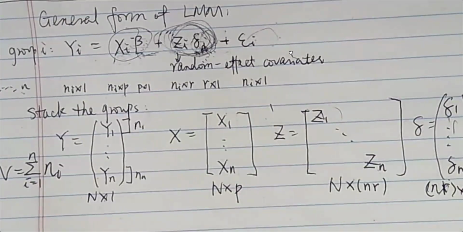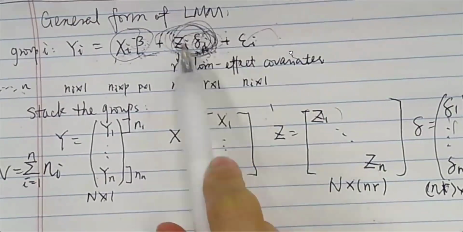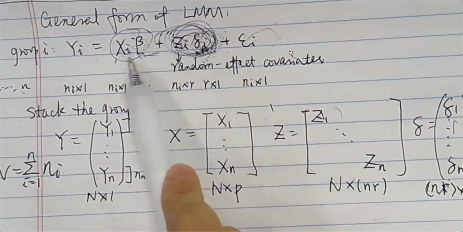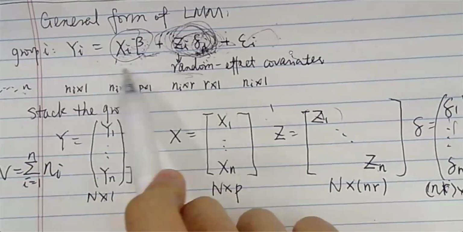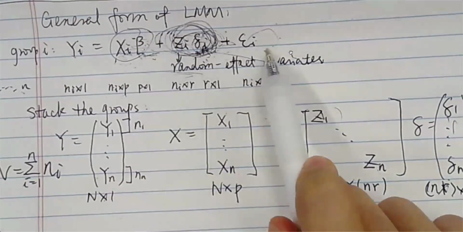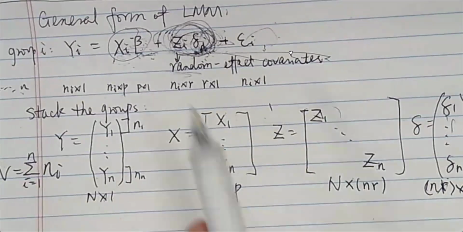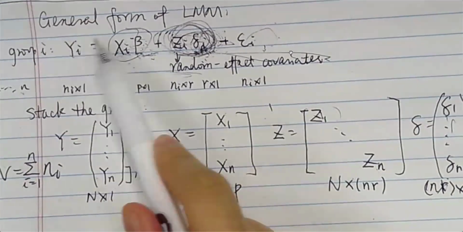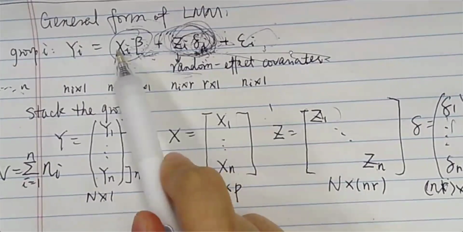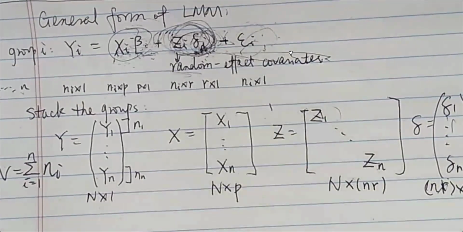Okay, and why does it matter? If you don't have these random effects, if you just force yourself to fit a linear model, say y_i equals x_i beta plus epsilon_i, then the variance among the y's that cannot be explained by this x_i beta part will be thrown into the variance of epsilon_i. Then you will give yourself the impression that the measurement error is very big.